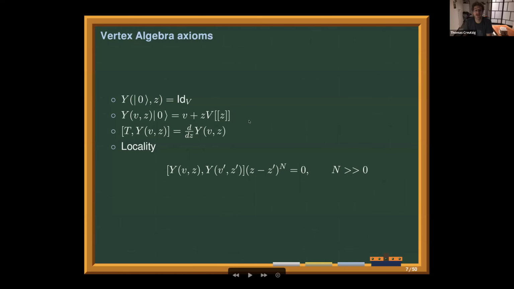And via this relation, you can do this. And then the third one is that the L-1 acts as a derivative. And the most important axiom you know is locality, that two fields quantum commute as long as they are separated in space-time, which is this condition here. So these are the axioms, and it's just for you to have seen this.